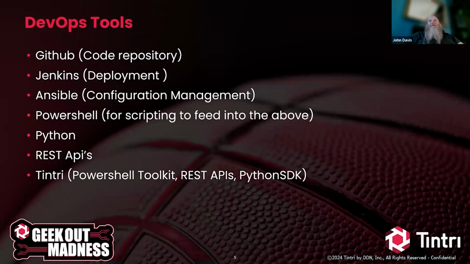But in all honesty, we're really a part of that latter part of setting up an environment to do something with. We're not making Jenkins better, right? We're not making Ansible better. You develop scripts and stages within that software to then deploy into a virtual environment that then talks to Tintri. And at that point, things get significantly better.